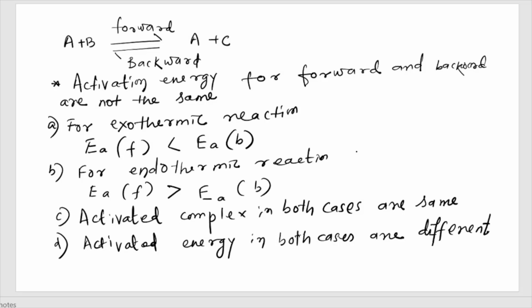The activation energy for forward and backward reactions is not the same. Remember, the requirement for the forward reaction is not the same as for the backward reaction, so the activation energies are also not the same. For an exothermic reaction, where heat is produced and delta H is negative, Ea forward is less than Ea backward.